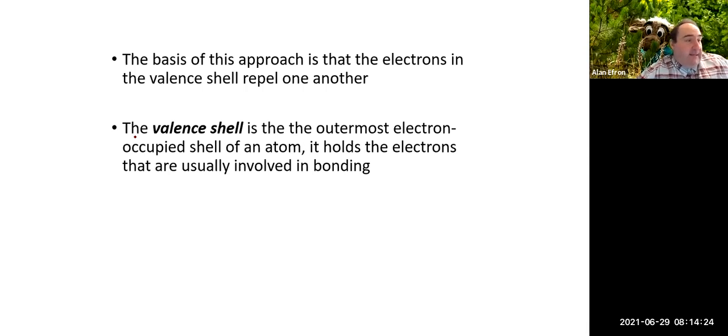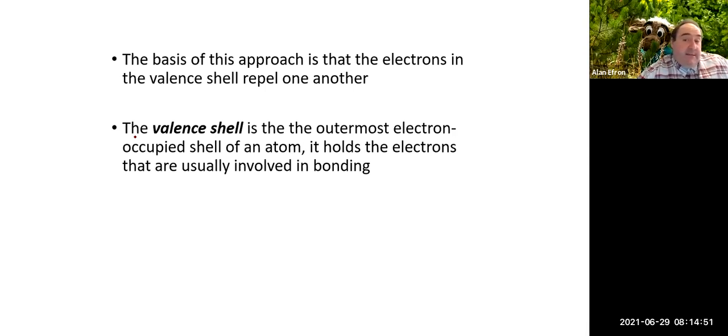Now, the basis of this approach is the idea that when we make bonds, as we've been talking about, it involves electrons. Especially in covalent bonding, where we're sharing electrons, electrons are negatively charged, which means that in a bonding situation we're going to have electrons near electrons.